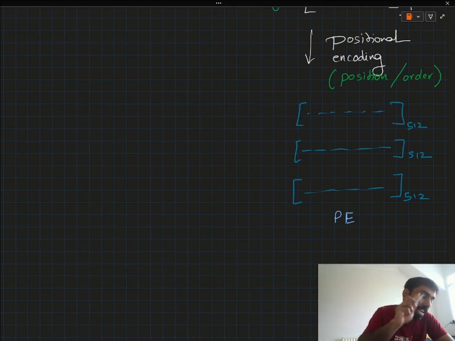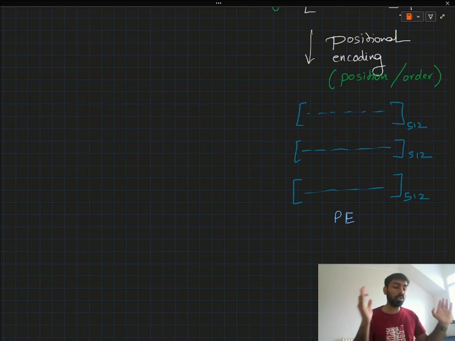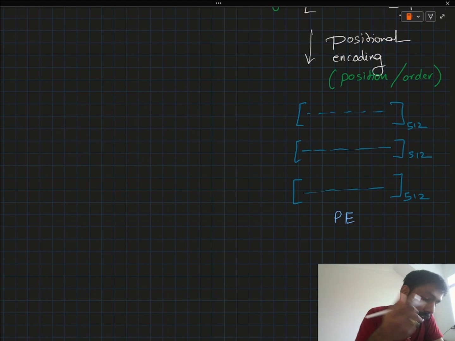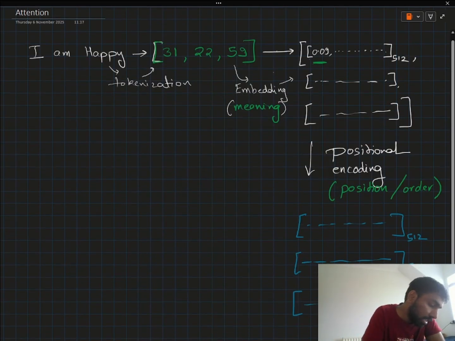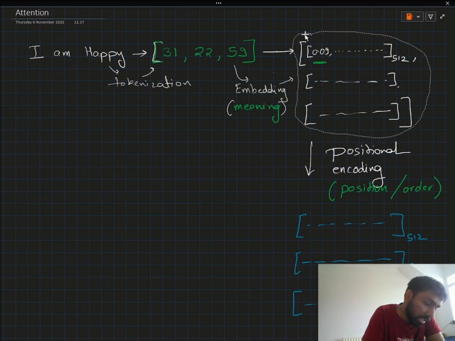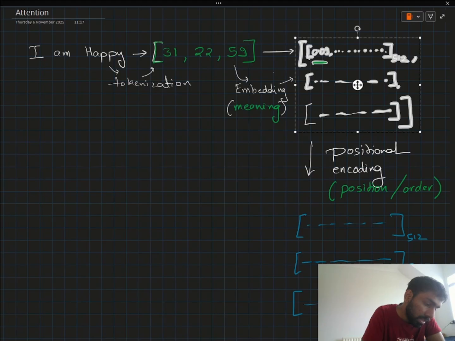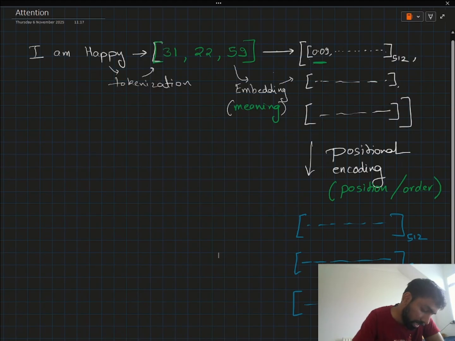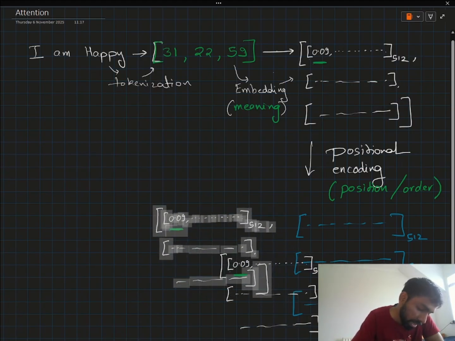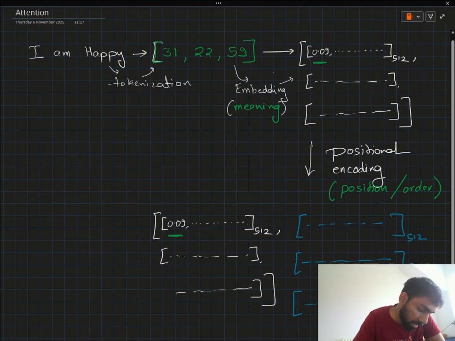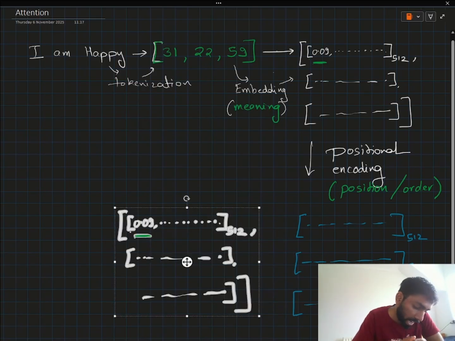This gets added up to the actual words so that their order is now combined with the meaning. So order plus meaning we are combining, which means I'm taking this copy and pasting it here. So this is our actual vector.